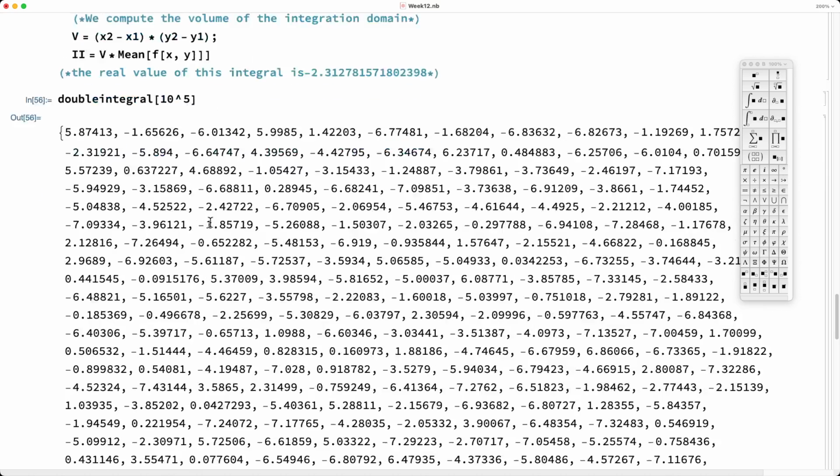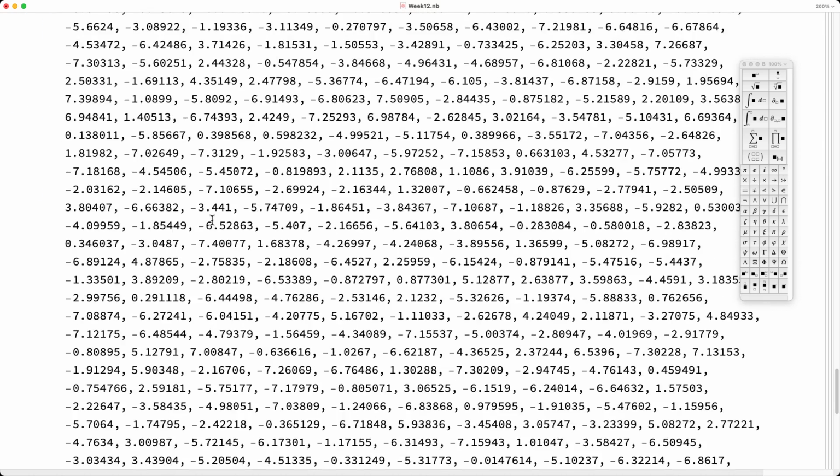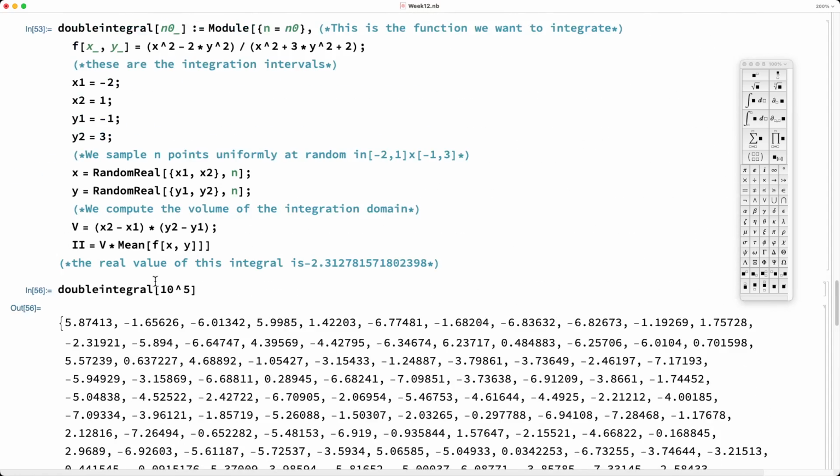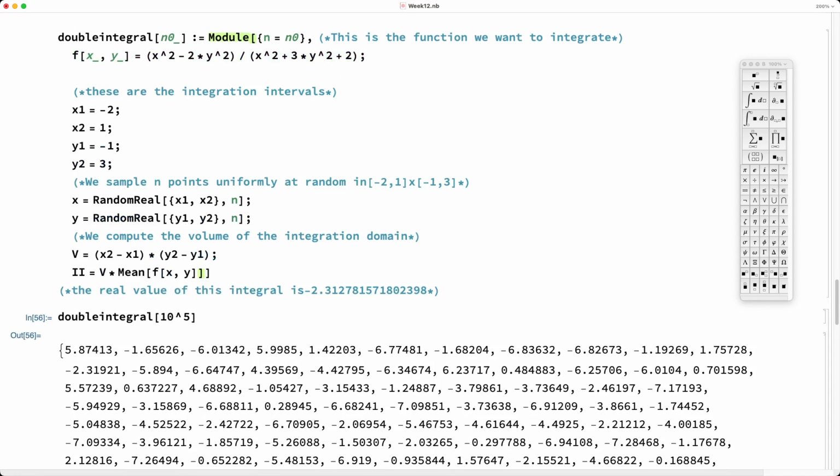And there's something strange going on here, because we get a list here. So let's try and make f a listable function.